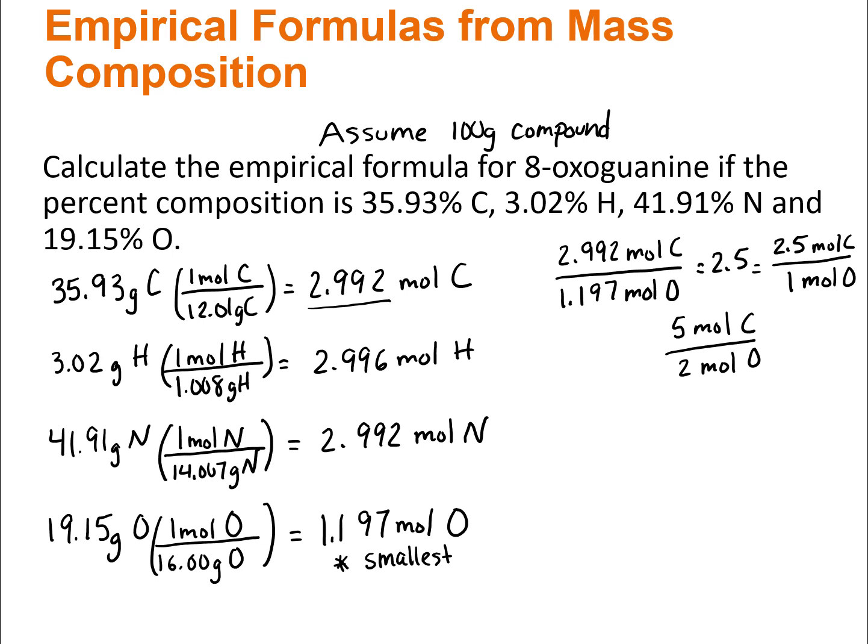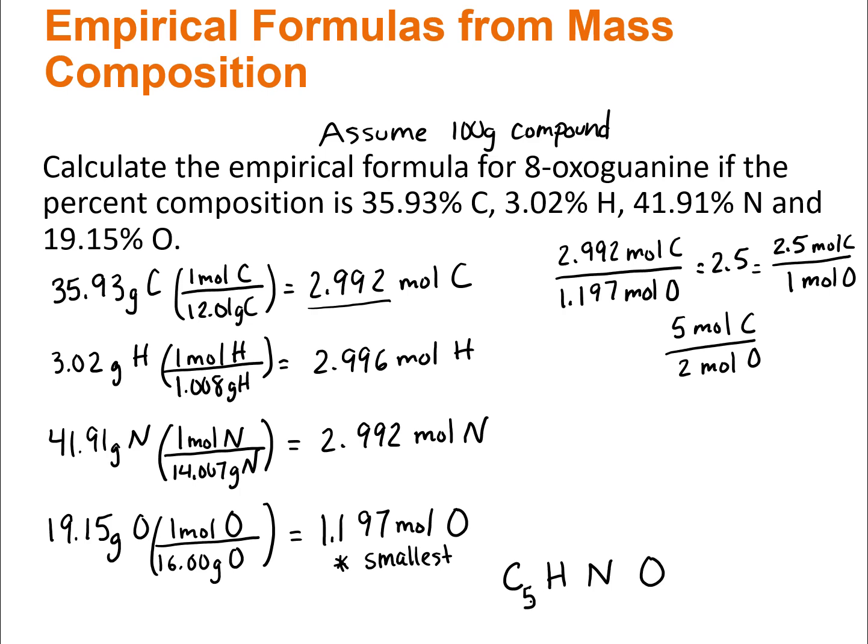We have to do all of them. It's the same number, so you're going to end up with the same mole ratio. So right now, we've got carbon, hydrogen, nitrogen, and oxygen. And we're comparing all of those, the carbon, hydrogen, and nitrogen, to the oxygen.